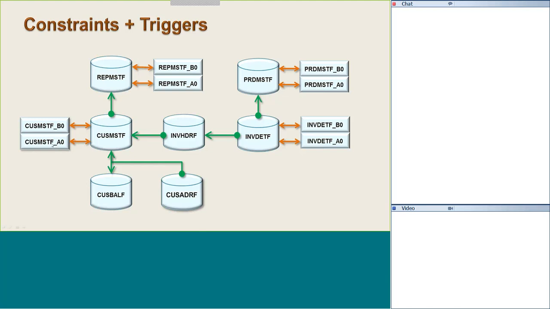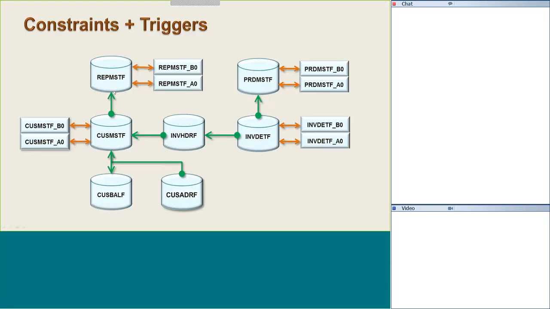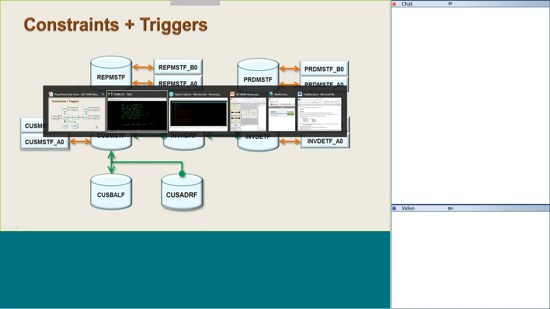It's those two triggers there, the before and the after. I haven't put triggers on the others. We will do so shortly. Now, the question is, a before trigger on the customer master file. What does it do? Now I have to go and find it.